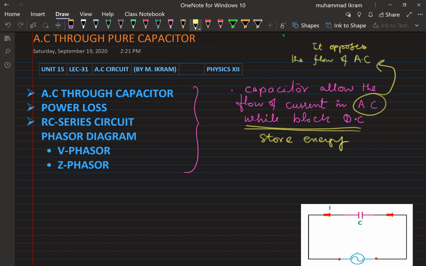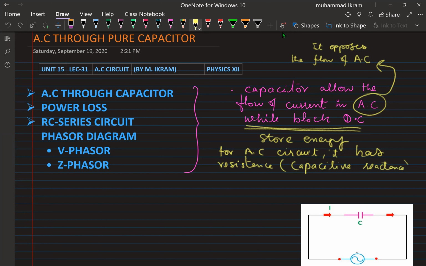So it has a resistance in the AC circuit, and that resistance we call the capacitive reactance, which I will explain to you in today's lecture, inshallah.